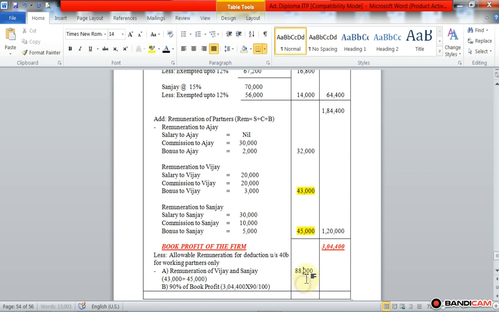So the amount is 3,04,400 into 90%, that is 2,73,960.